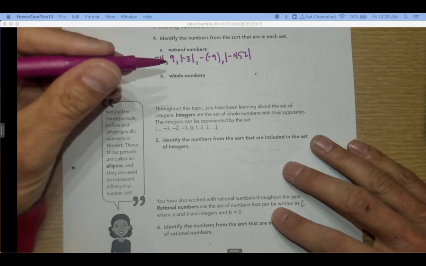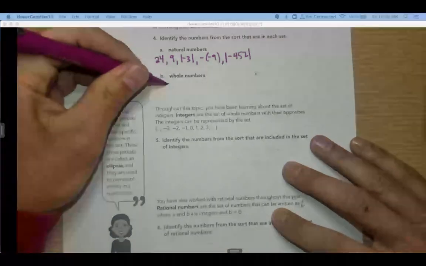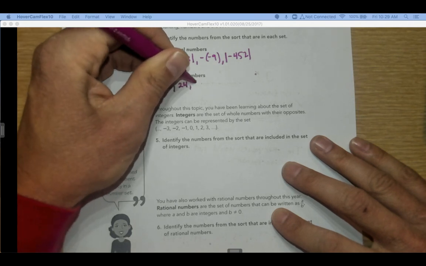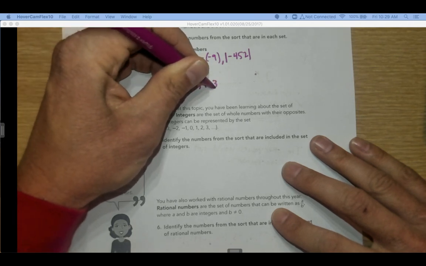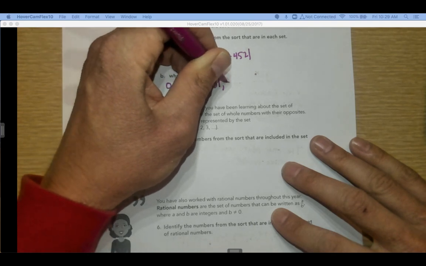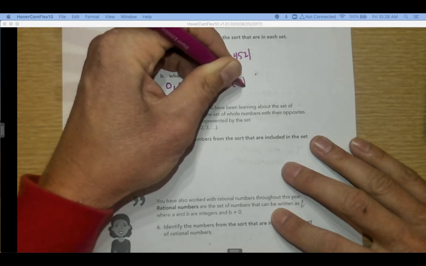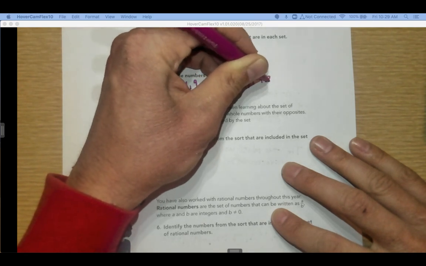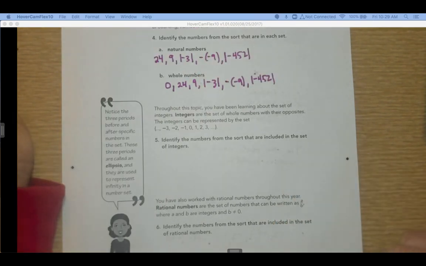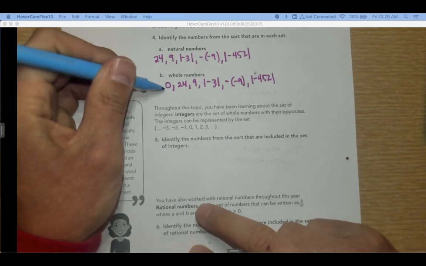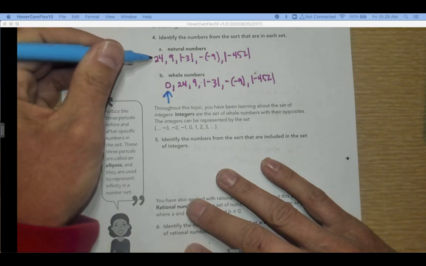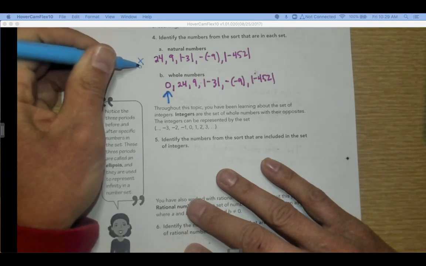Whole numbers would be 0, 24, 9, the absolute value of negative 3, the opposite of negative 9, which is 9, the absolute value of negative 452. What's different between those two sets? Do you see it? Whole numbers included the 0. Natural numbers do not include the 0.